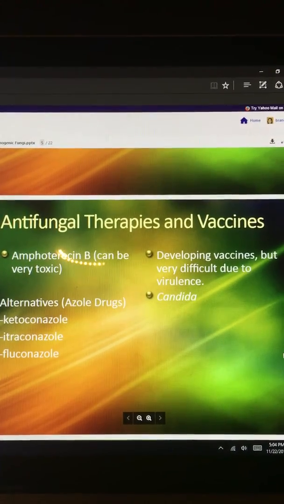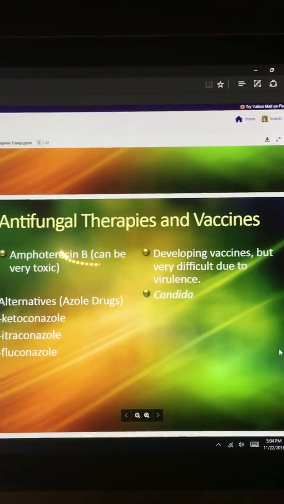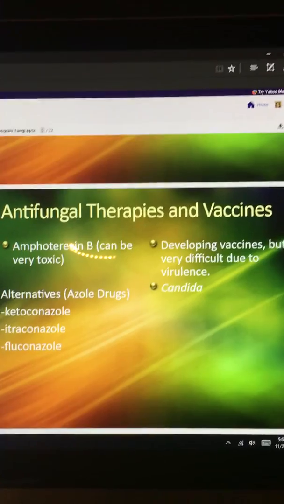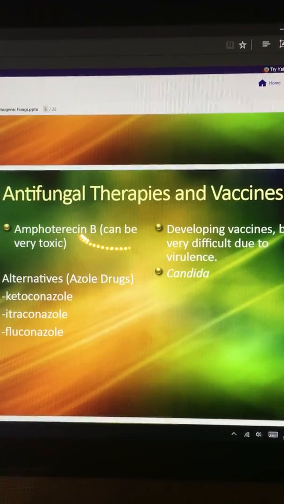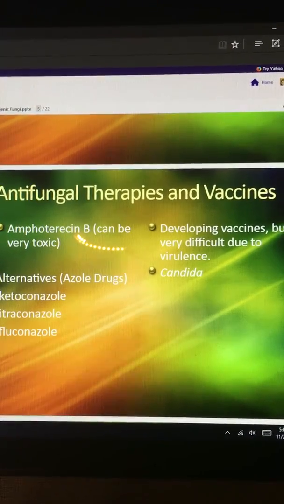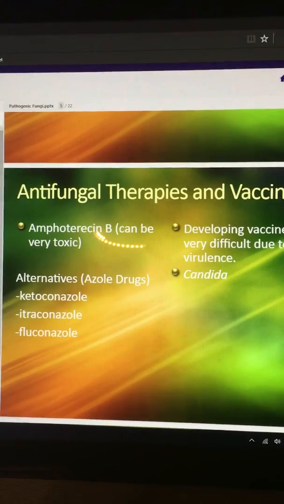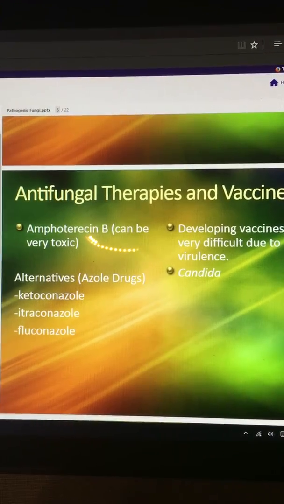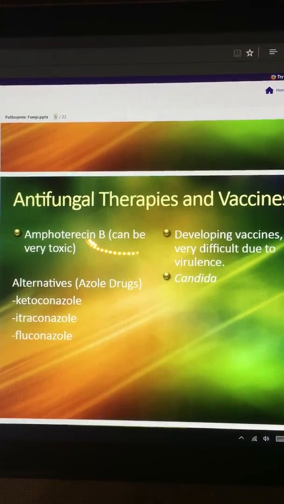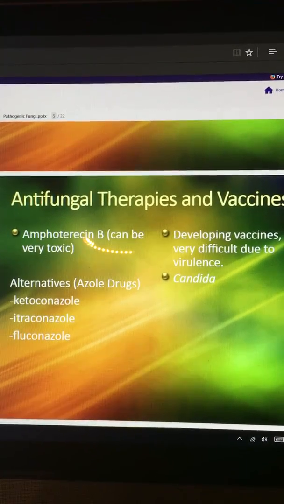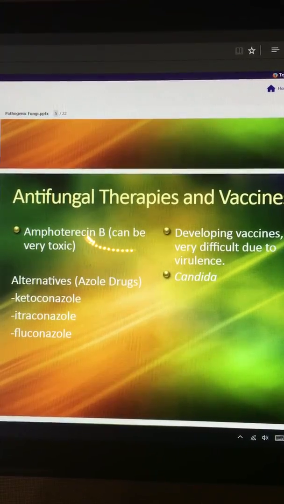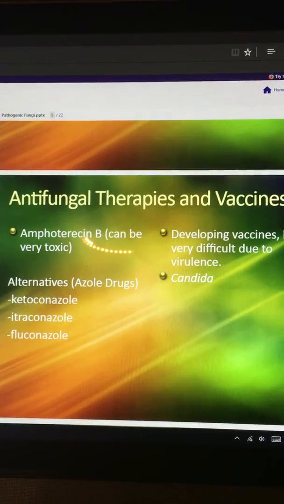There are many antifungal therapies and vaccines. You can take amphotericin B, but it can be very toxic, so they use that in extreme cases. And then there are alternatives, the azole drugs, which are ketoconazole, itraconazole, and fluconazole.